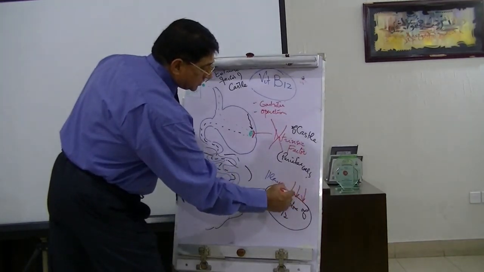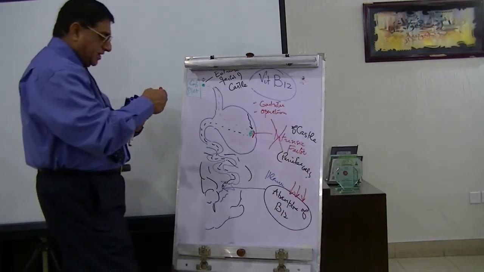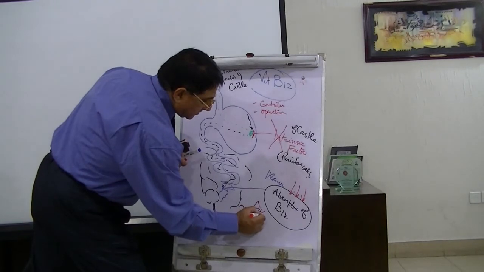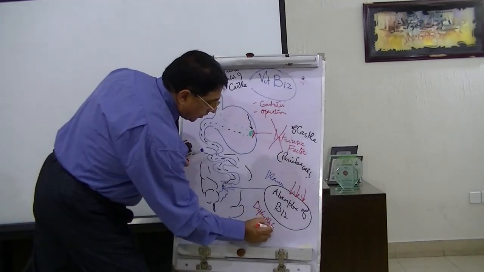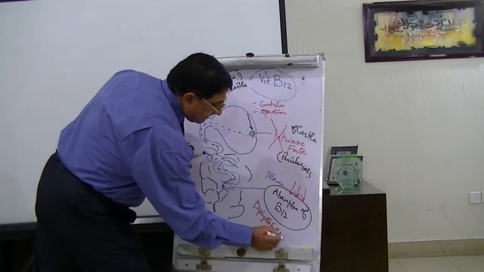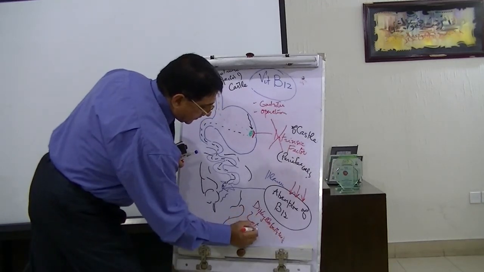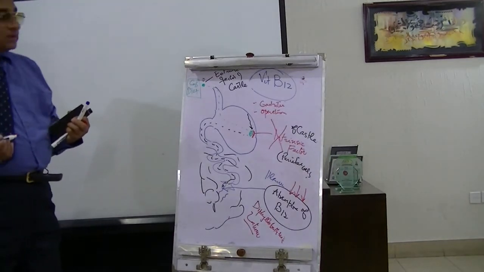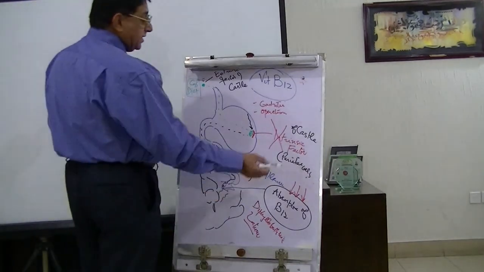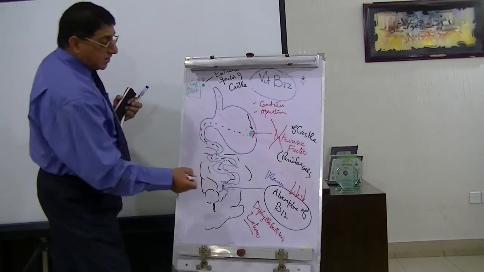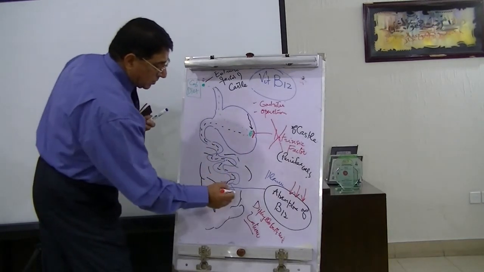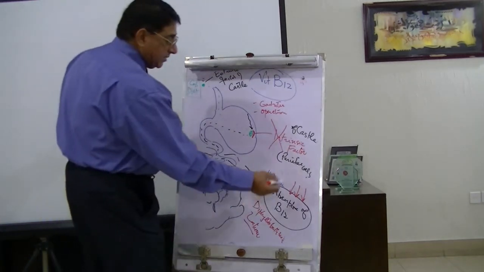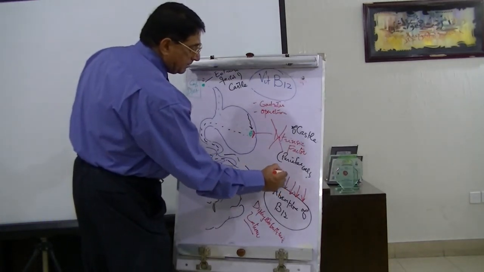Also, if there is infection with a worm called Diphyllobothrium latum, it will also cause deficiency of B12. Or if there is some operative procedure of the ileum, or some defect over here, again there will be deficiency of B12.